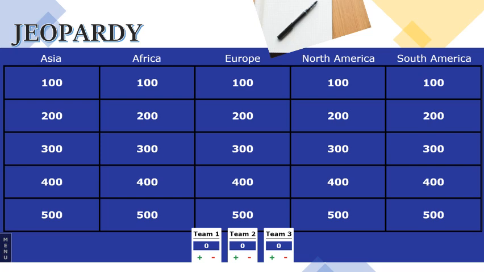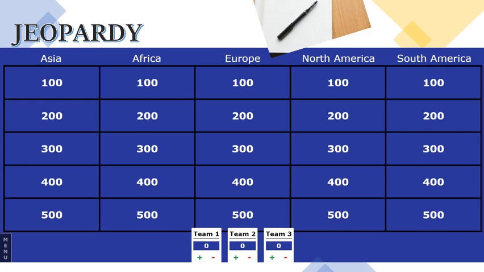Let's play Jeopardy. I don't know if you're familiar with the show. The show is a quiz competition in which contestants are presented with general knowledge clues in the form of answers, and you must phrase the response in the form of a question. First, I'm going to ask you to please get your paper and pencil, because my version will not look exactly the same, but the concept of the game is the same.